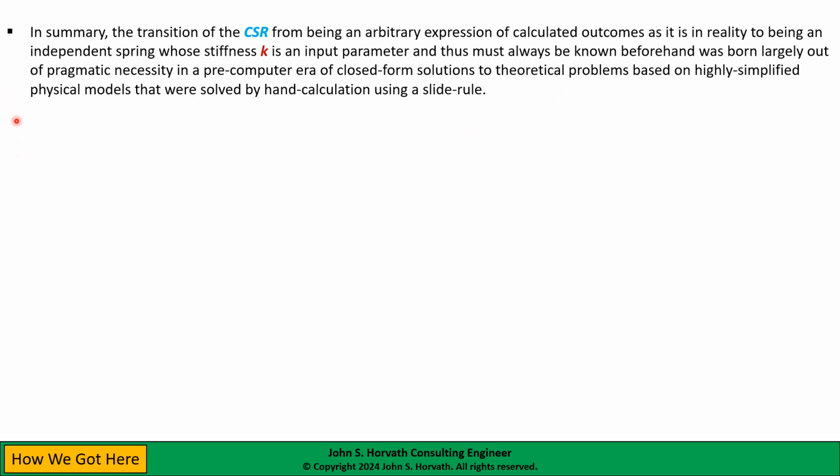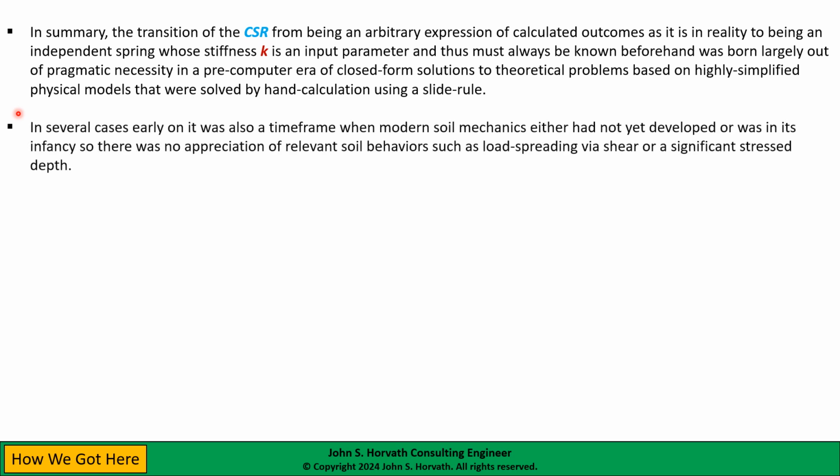And I can tell you out of first-hand experience, having lived through the transition from the slide rule era to the computer era, that I know what it's like to have to deal with these closed-form solutions when all you have is a piece of paper and a pencil and a slide rule.